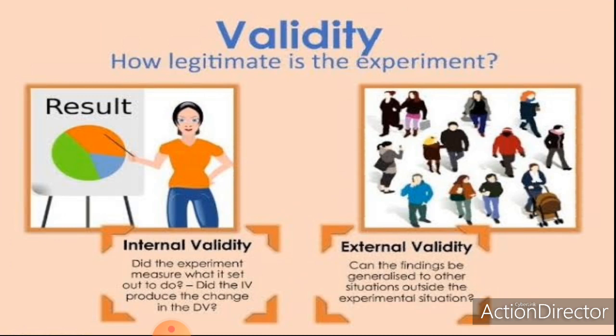And external validity means making generalizations to a large population of interest. In other words, external validity refers to whether the cause and effect relationship found in the experiment can be generalized. In short, an experimental design should have both internal validity and external validity.